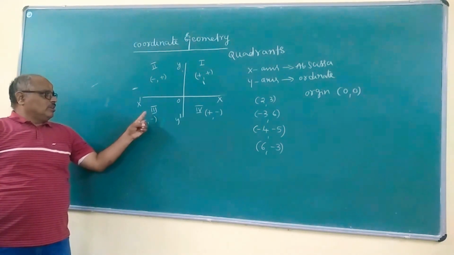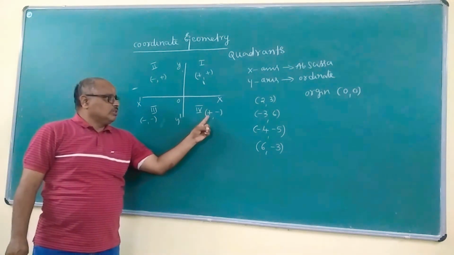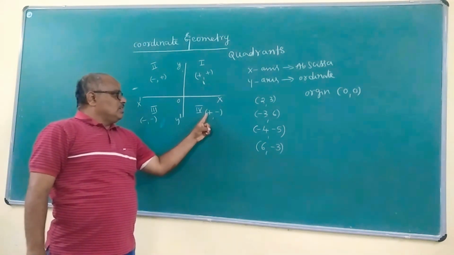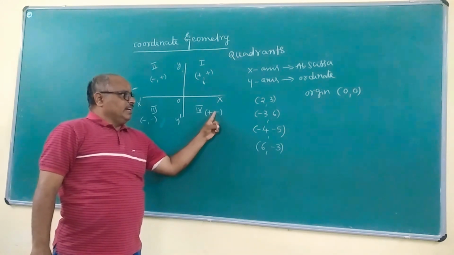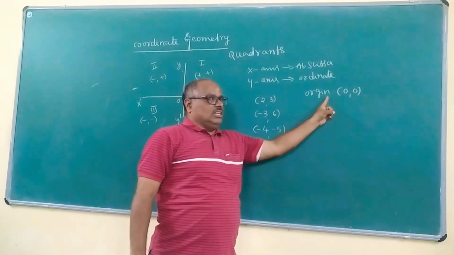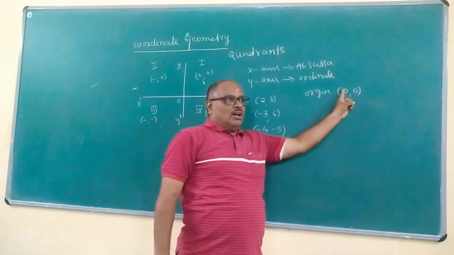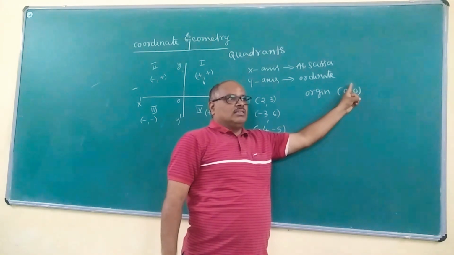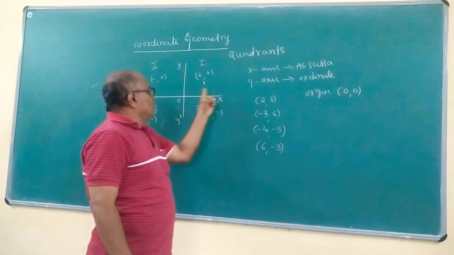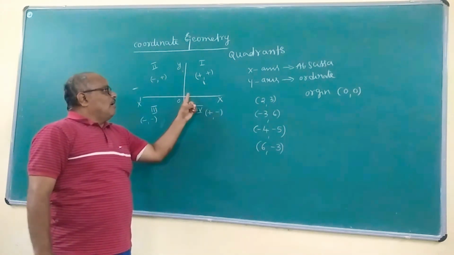In the third quadrant, both are negative. In the fourth quadrant, abscissa is positive, ordinate is negative. And the coordinate of the origin is (0, 0), meaning the abscissa as well as the ordinate are 0. Therefore, the point lies on the origin.